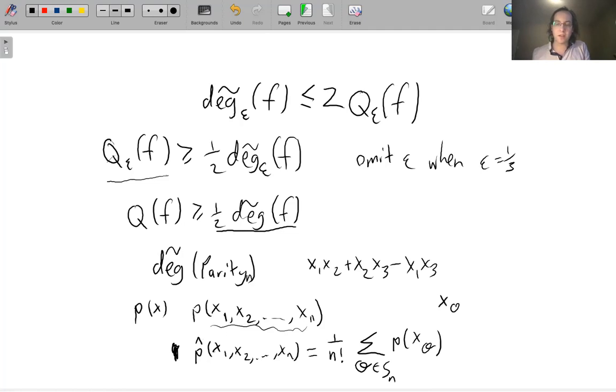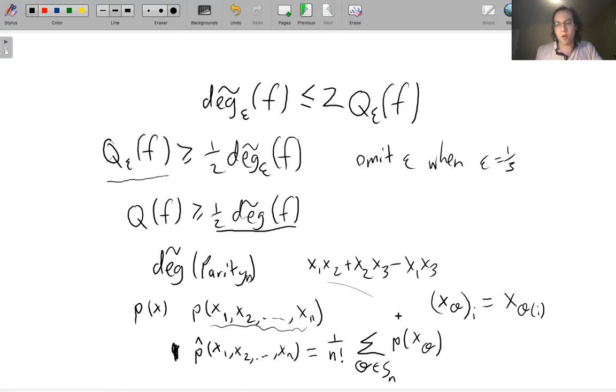So x sigma is a string, and at position i, it's equal to x sub sigma of i, where sigma of i is another index j. This notation might seem complicated, but all that's going on here is that x sub sigma is a shuffling of these bits according to the permutation sigma. It's just one particular way to permute them.